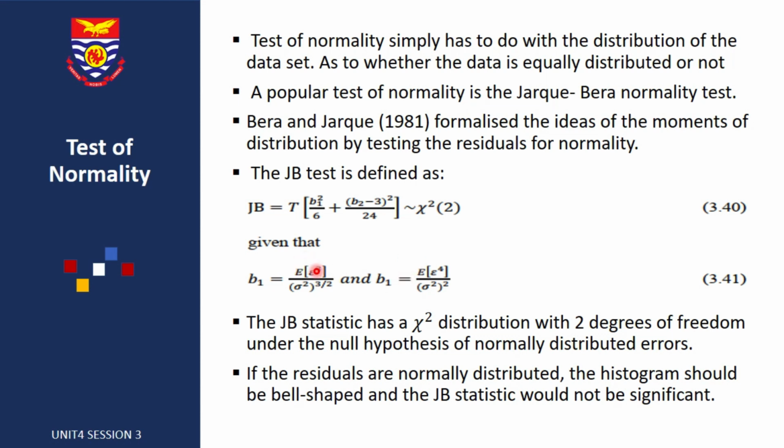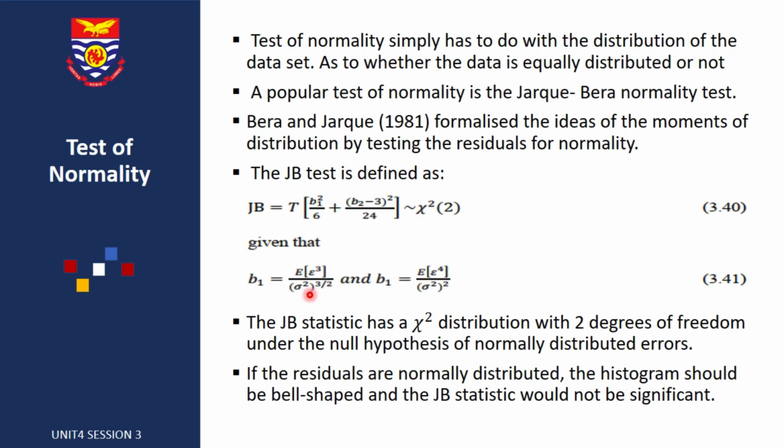You can see that it's more of the third and fourth moments that we are considering, and we are considering the error term and the standard deviation. So these are the equations that we use in testing for the Jarque-Bera test, and this is how we arrive at B1 and B2.